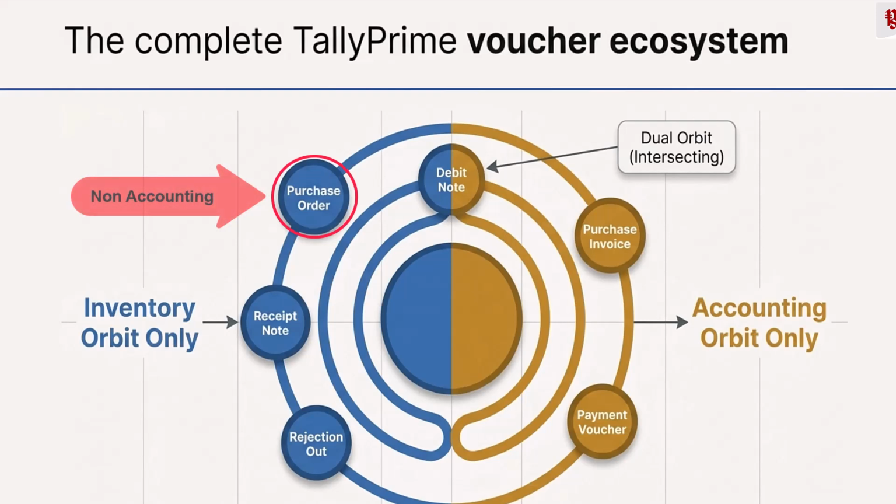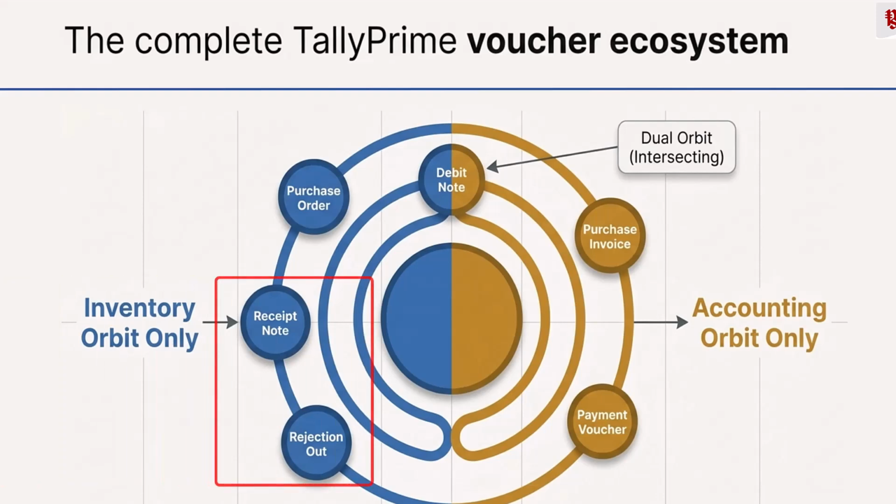Once a purchase order is raised in TallyPrime, the data will not impact either the inventory book or the accounting book, but the data will provide reports on orders placed, goods received, partially or fully, and pending orders. The vouchers impacting inventory books are receipt note, rejection out, and partially debit note.